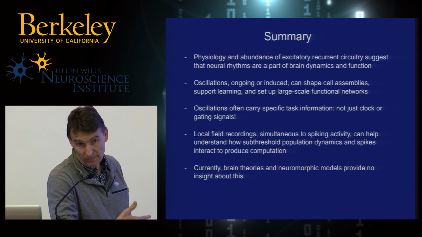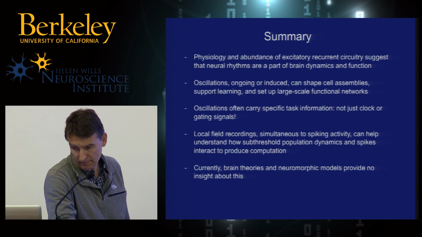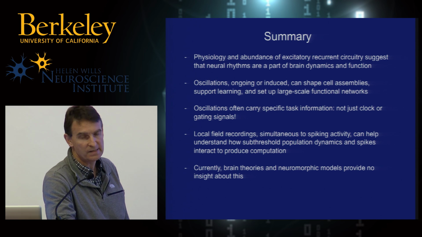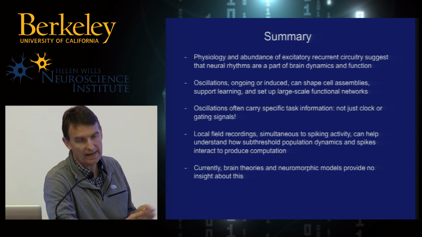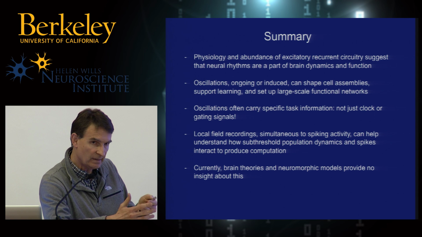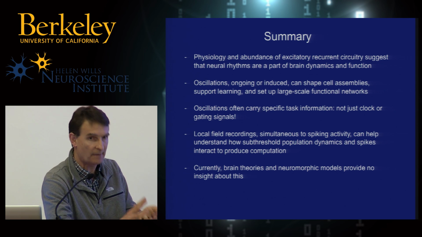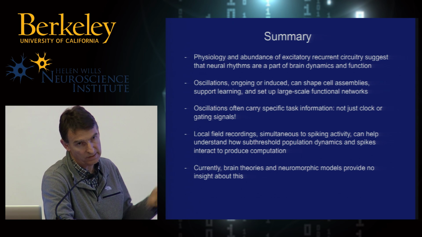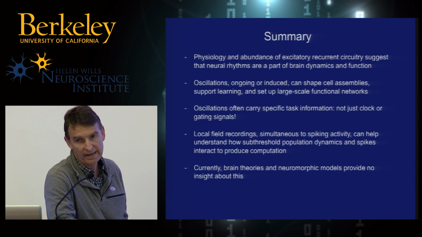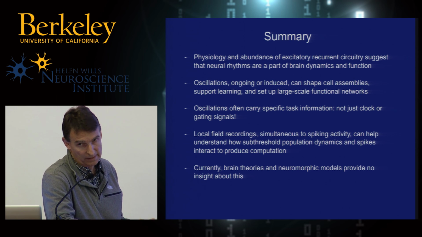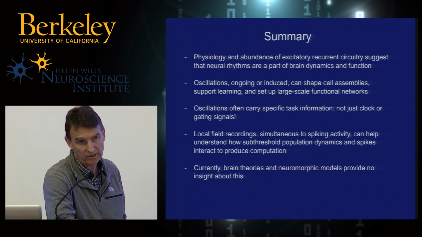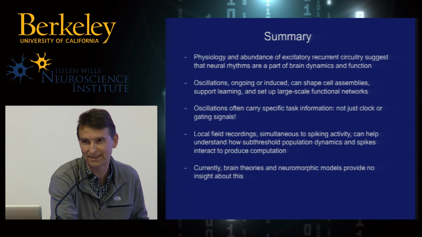And currently, neither brain theories nor neuromorphic models provide an insight about this interplay between spikes and these continuous population subthreshold events that we see in the LFPs. And I think that would be a very interesting direction to get new ideas for neuromorphic computing. Thanks a lot for your attention.